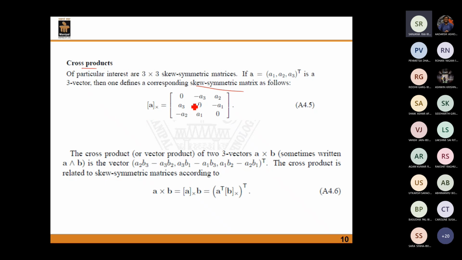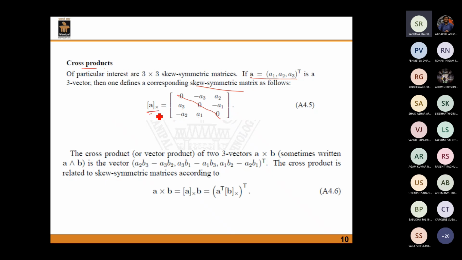Along the diagonal elements I give 0. Then the off-diagonal entries are minus A3 and A2 in the first row, A3 and minus A1 in the second row, and minus A2 and A1 in the third row. So given a three vector A equal to A1, A2, A3, I can construct a skew symmetric matrix as shown over here, and this is how I arrange the elements.